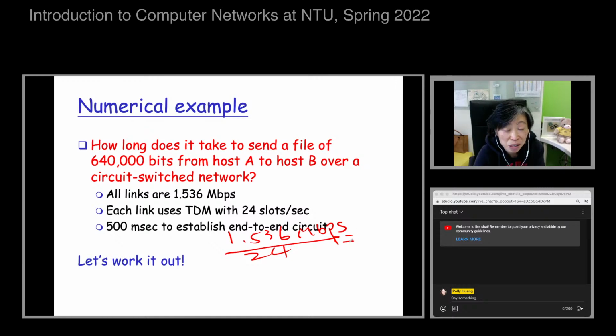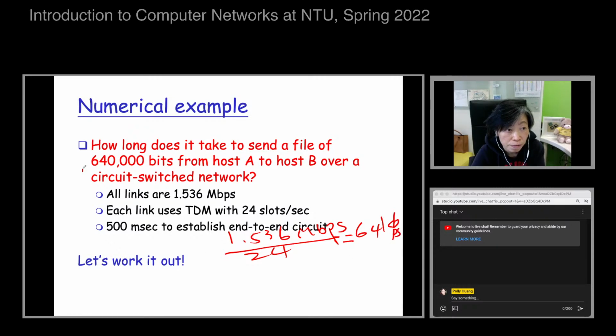And how much bandwidth did A get effectively? Well, give me a second. I do have a calculator here. 1.536 divided by 24. Yeah, so we get 0.064. That will be 64 kilobits per second.